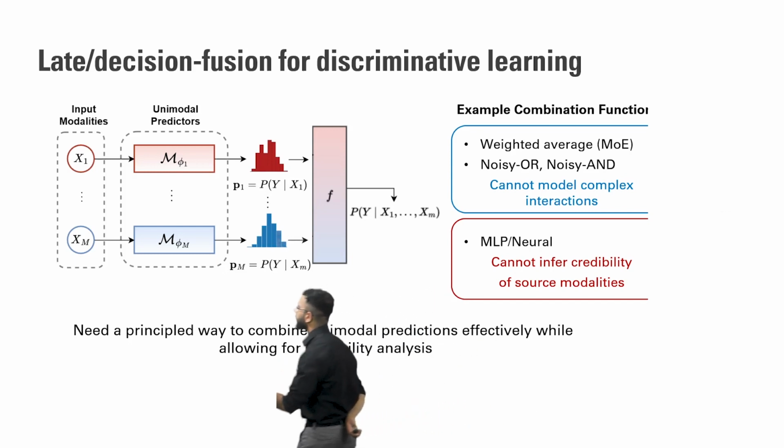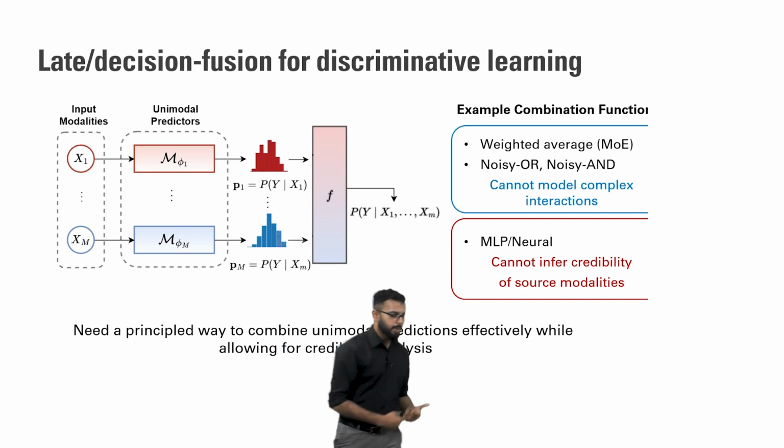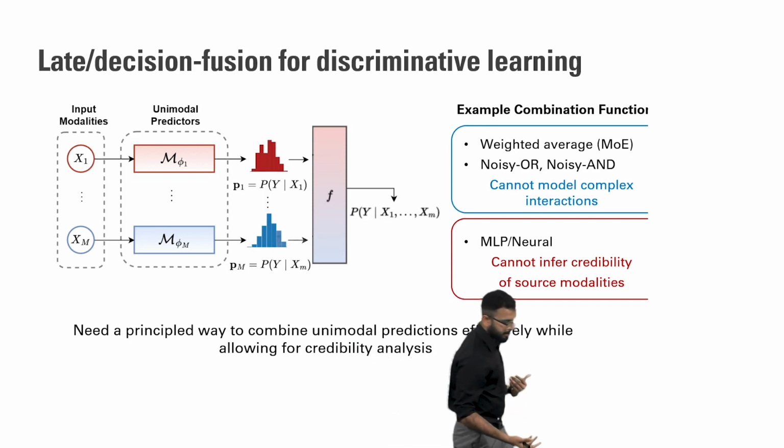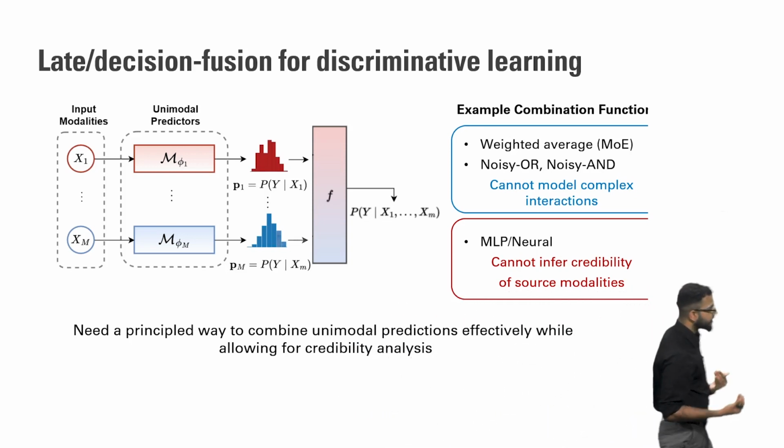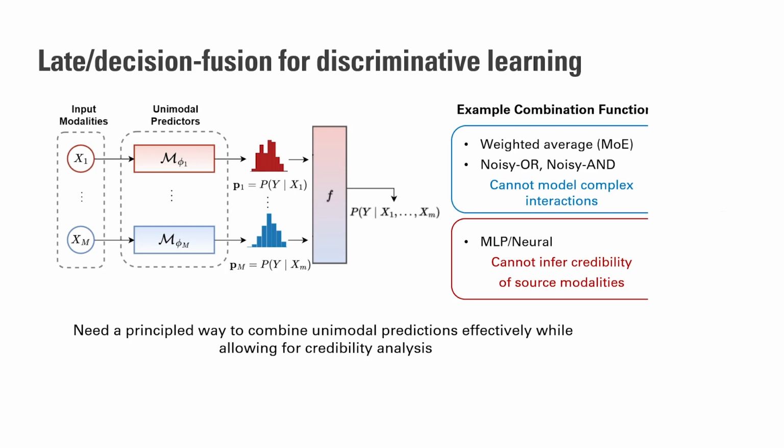So you have data coming in from different modalities. Let me call x1 up to xm the different modalities of data, and you have experts that are trained on each modality. It's more like the medical setting where the MRI images tell me that I have a risk of heart attack, for example. So you're making a prediction, trying to decide what the target concept would be based on each individual modality.